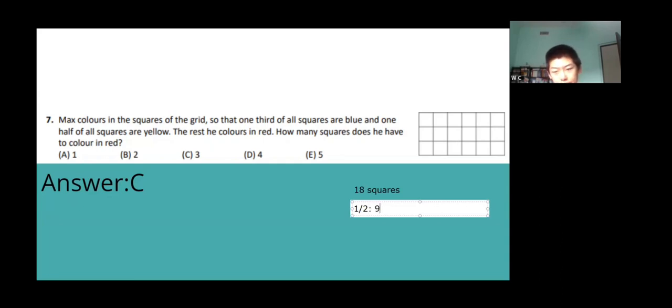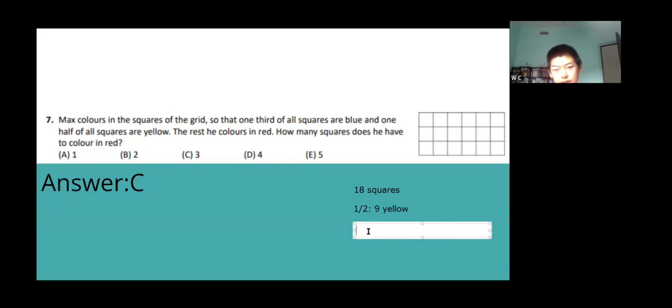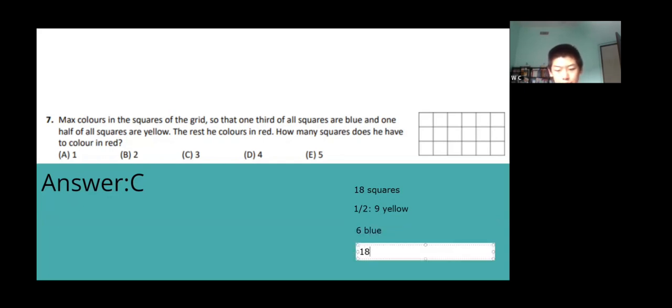So there are 9 yellow squares. And 1/3 of that is 6. So there are 6 blue squares. So the number of red squares are 18 minus 9 minus 6 equals 3 red squares.